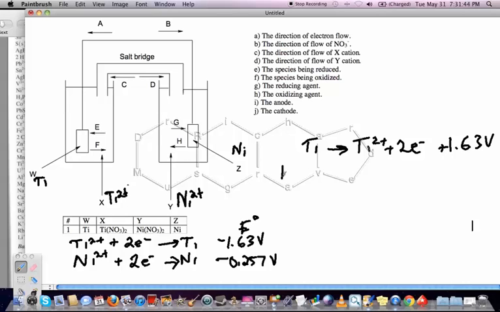And now the other one stays the same, so it'd be Ni2+ plus 2 electrons gives nickel, and that's still negative 0.257, and that's going to give me a value of 1.89 volts. No, it isn't.